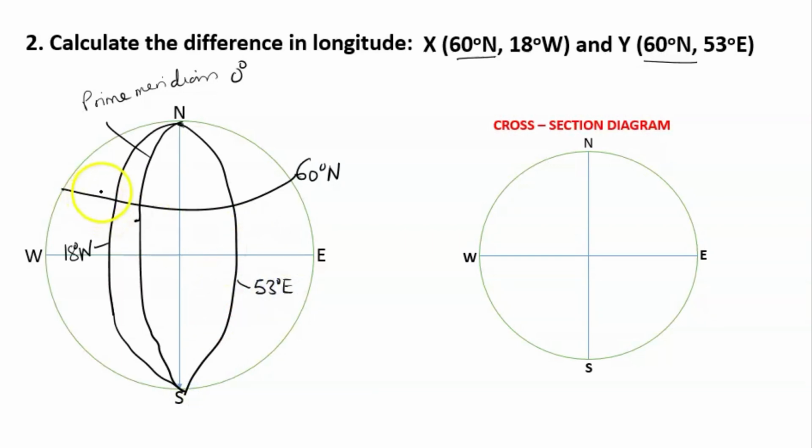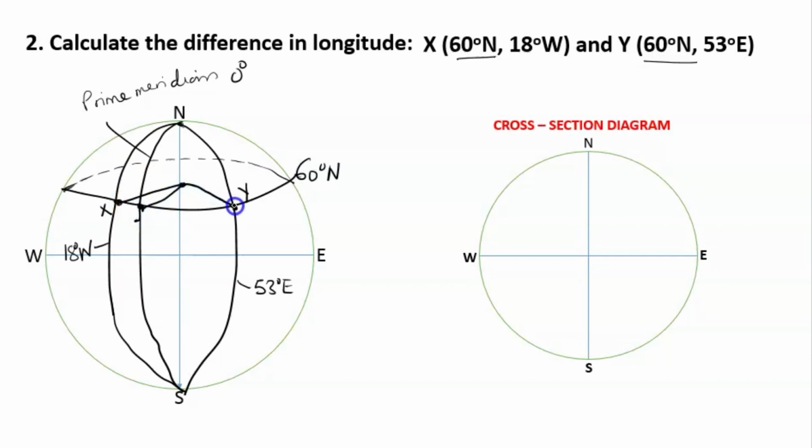All right, so of course, you are going to complete the common latitude line that they have, so that I can get the center. So it is from this center that we have our points. This is the meridian, this one with 18 is X. Then this one with 53 is, of course, Y. So you are going to join each of these lines to the center of this particular common latitude.